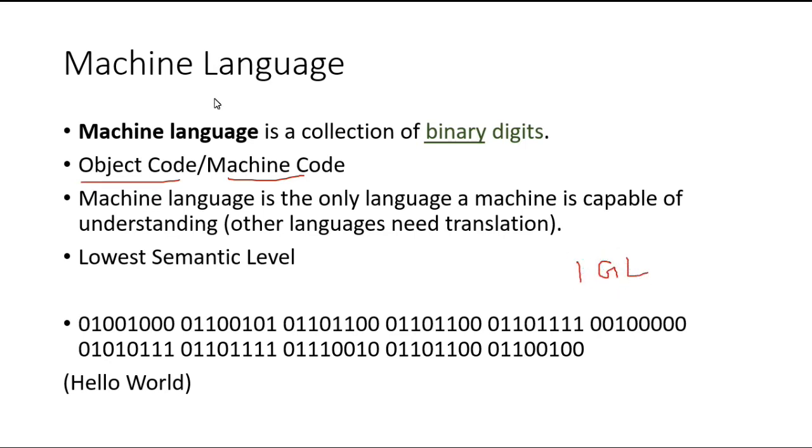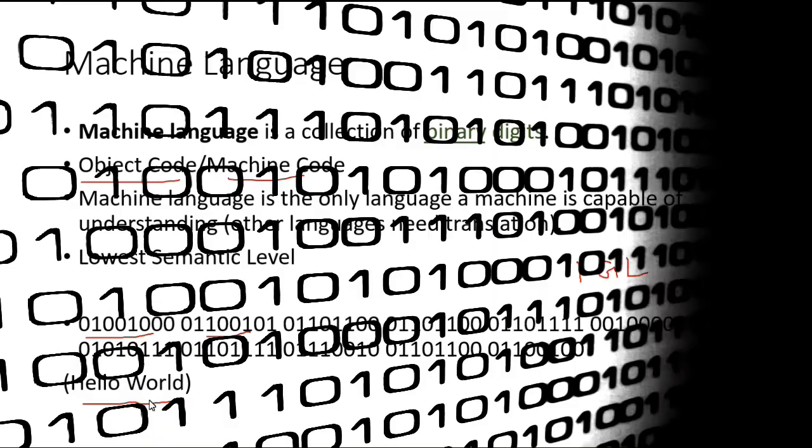For example, you can see some zeros and ones here, which basically translate to hello world. When you begin your programming, the first thing most of us have often done is to print hello world. And this is the exact representation of how each of these alphabetic characters can be represented in machine language.